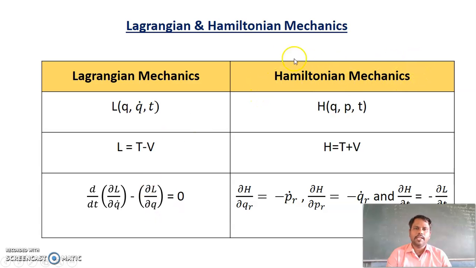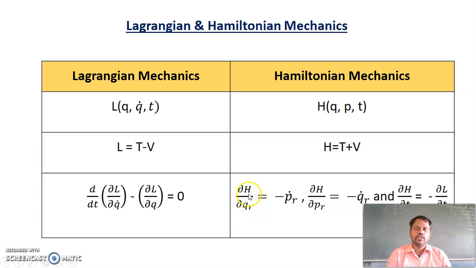However, in Hamiltonian mechanics, generalized velocity is replaced by generalized momentum, and H is a function of q, p, t, and H is given by T plus V. Here T is the kinetic energy and V is the potential energy.